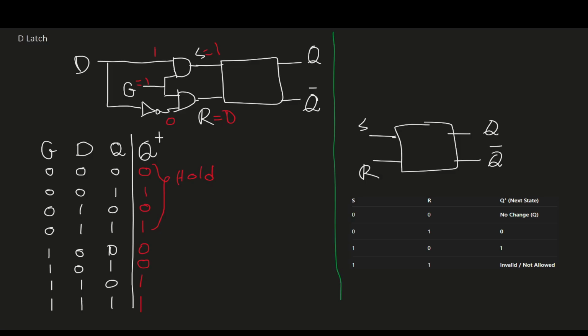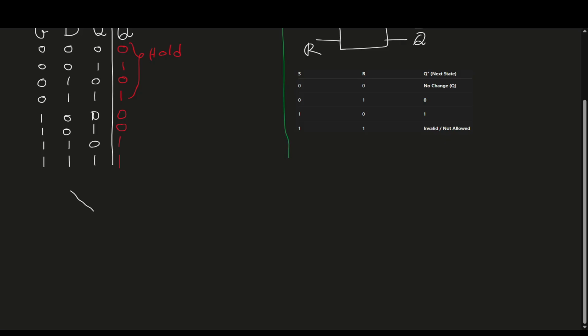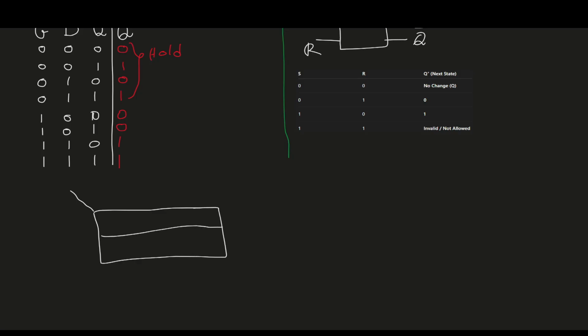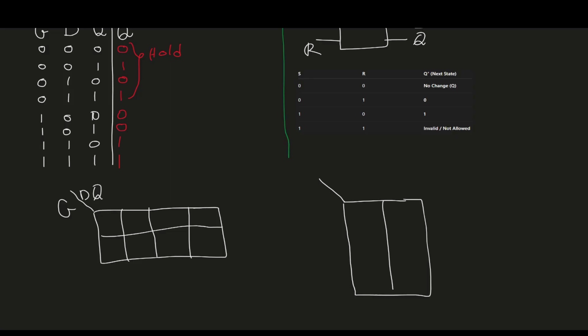Now we can use the K map to obtain the Boolean function of Q plus, the next state. We can use G, D, and Q, so we have a three variable K map. We can construct it this way, with G, DQ here, or we can construct it this way, with GD here and Q here.